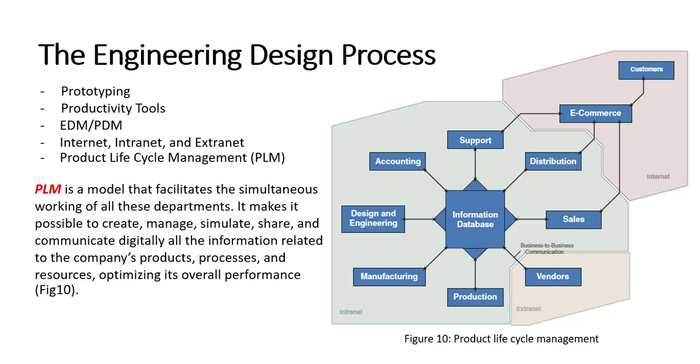Okay, the next one is prototyping. One step closer to reality is gained by using physical prototyping, through either rapid prototyping to quickly create a physical model of our parts, or functional prototypes to create mock-ups of the parts using traditional means such as machine tools.